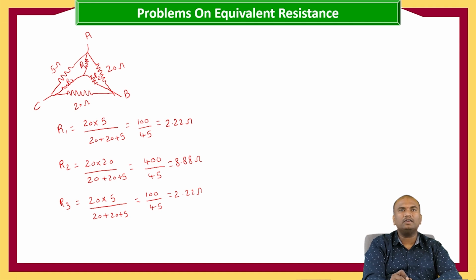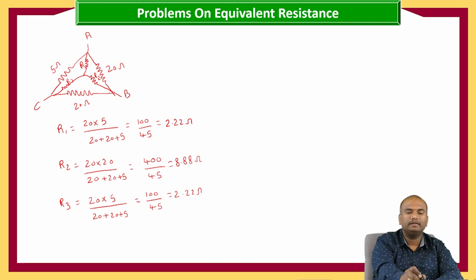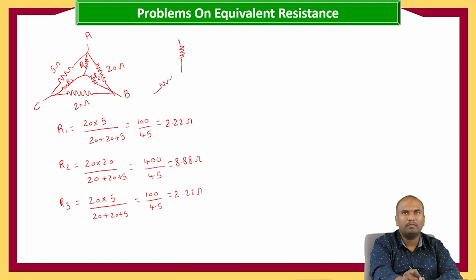These are the star values from delta. That is, the star equivalent will be drawn like this between the same nodes. Between the same ABC nodes, the star values are drawn like this: 2.22 ohms, 8.88 ohms, and 2.22 ohms.